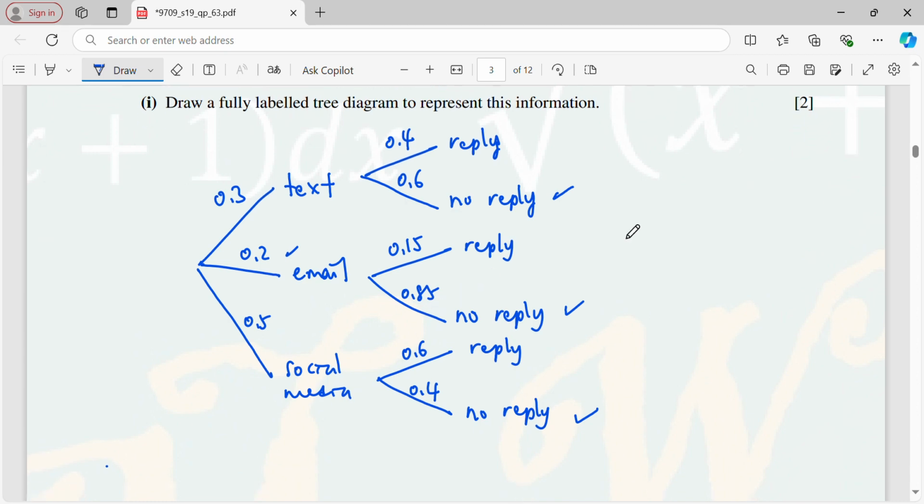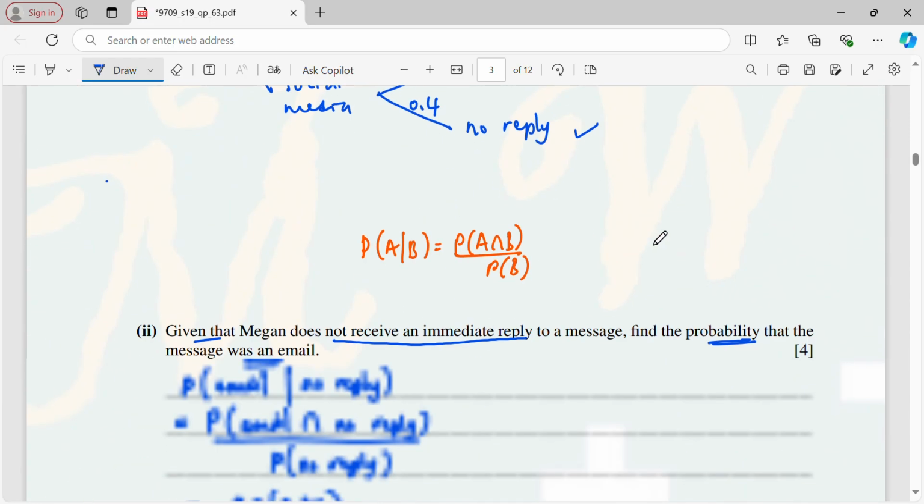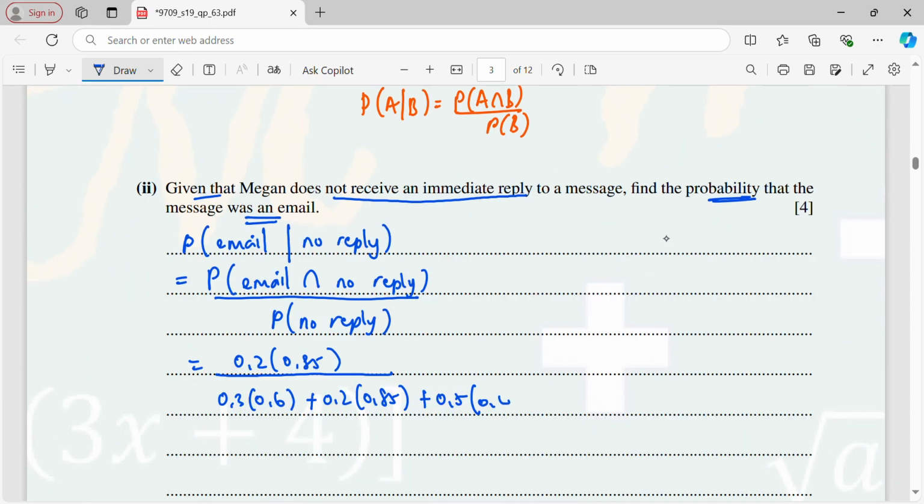Okay, then 0.2 times 0.85. And lastly, it will be 0.5 times 0.4. Then here you will be getting 0.17 over 0.55.